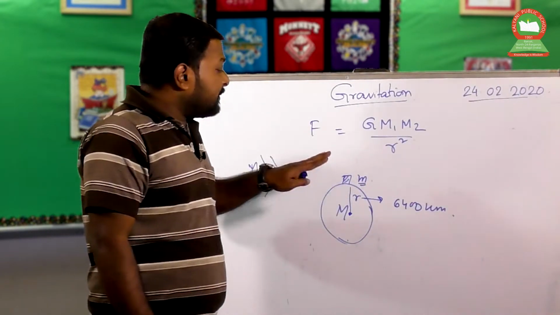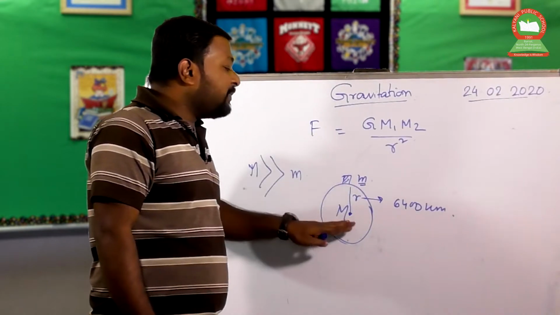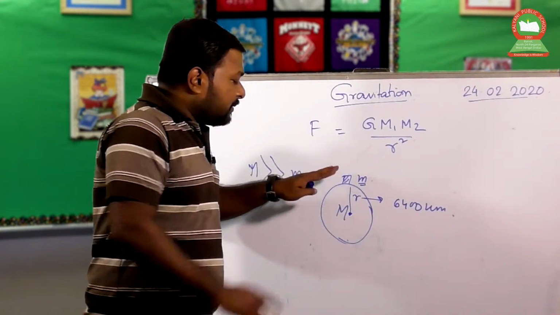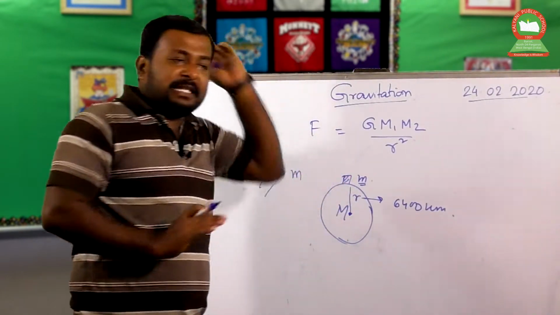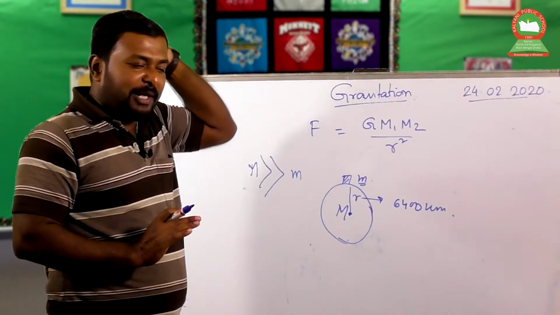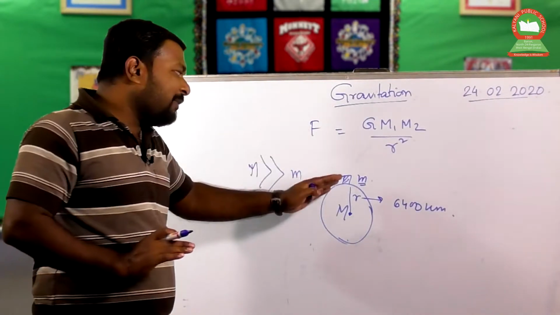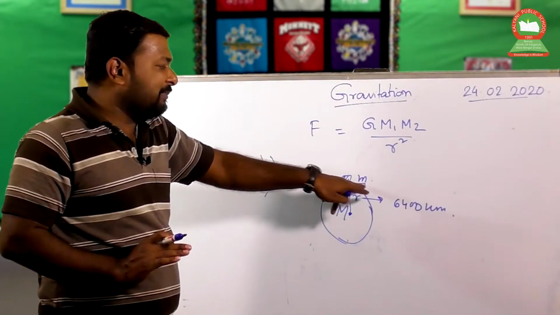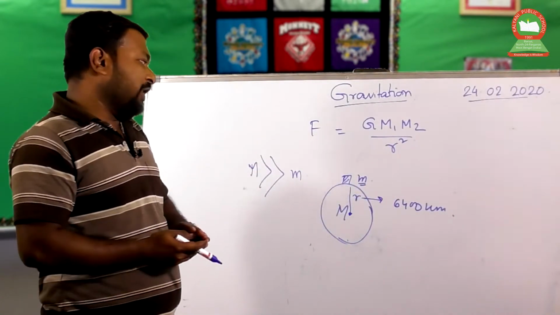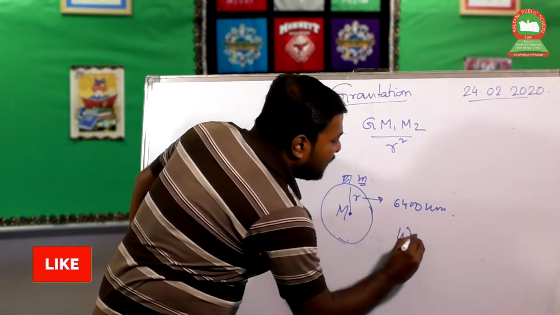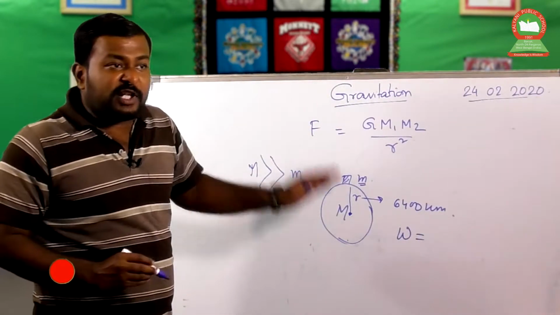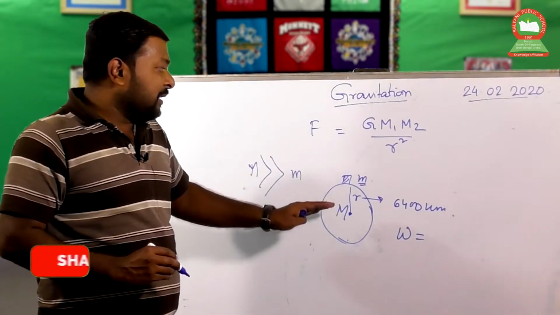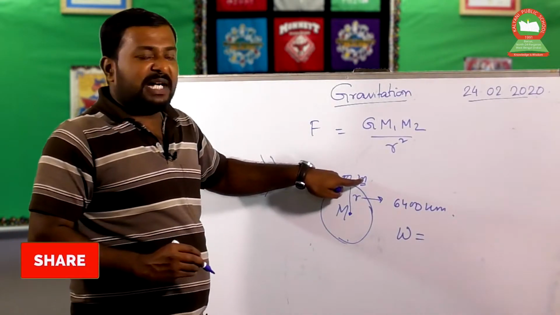Due to the attraction of the Earth, there is an effective force acting on that particular body, and that force on the body of mass small m is called the weight of the body. So weight W is nothing but the attractional force of the Earth on the body having mass m.